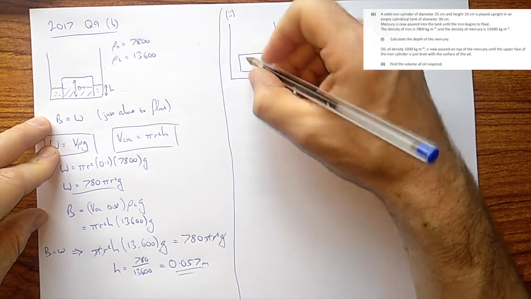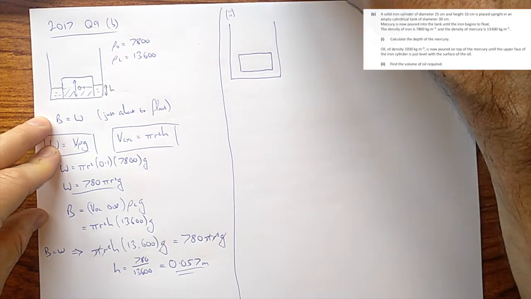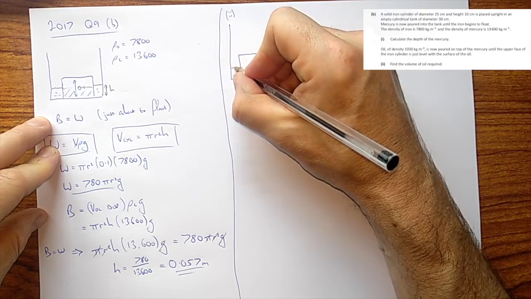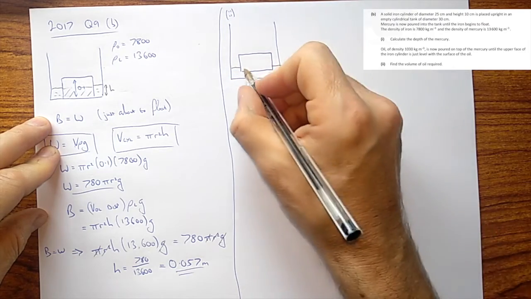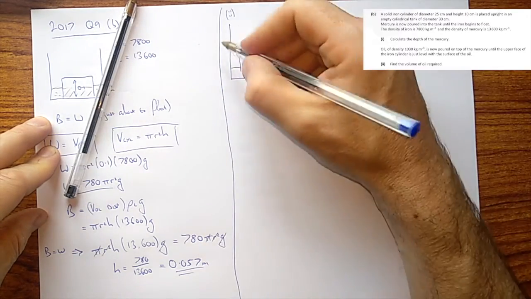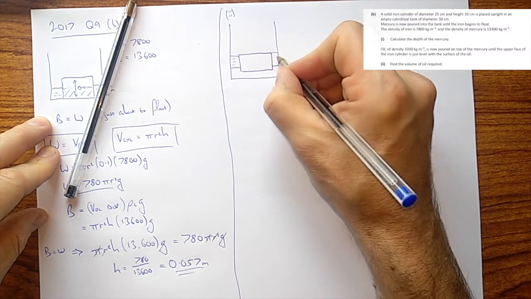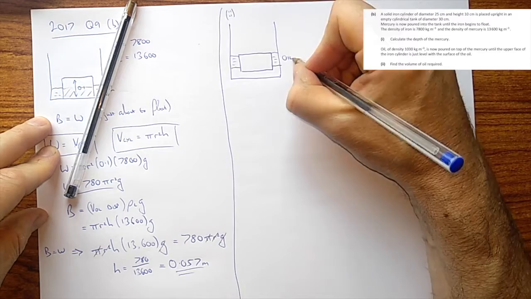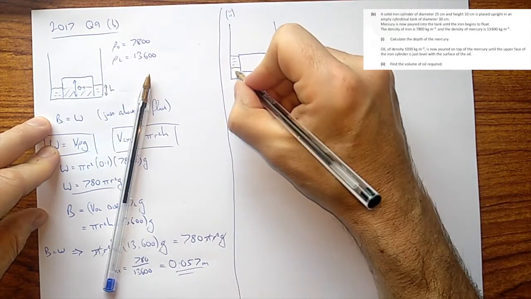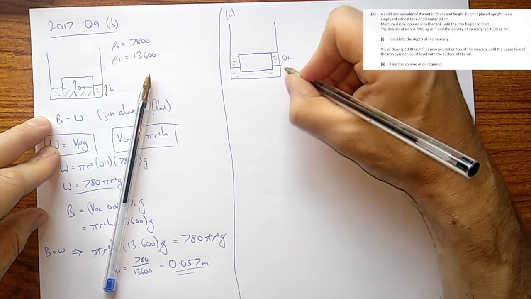There's my iron. There's my little line of mercury. And there's my oil. So this is the section with oil in it. This is the section with mercury in it.